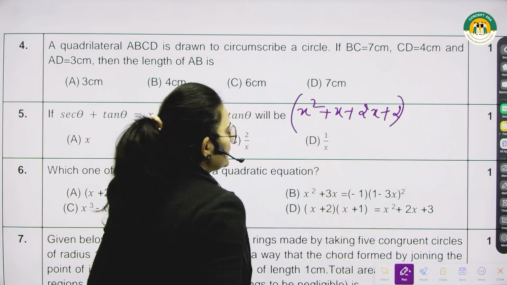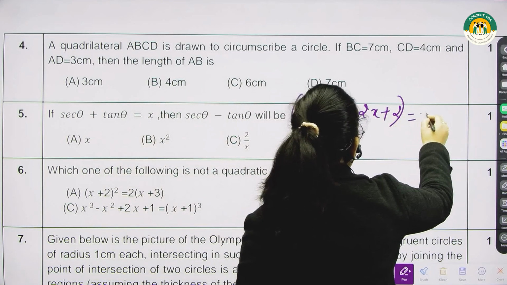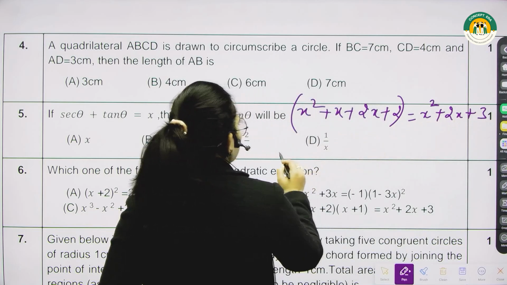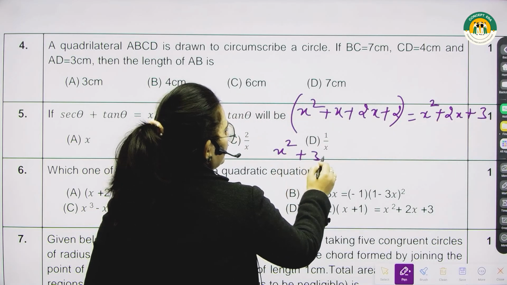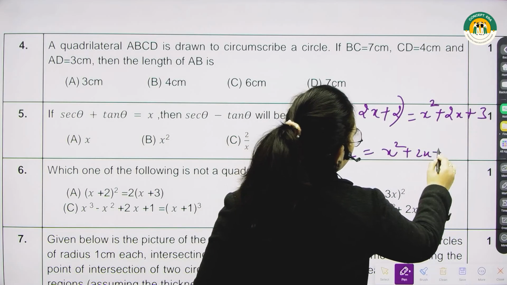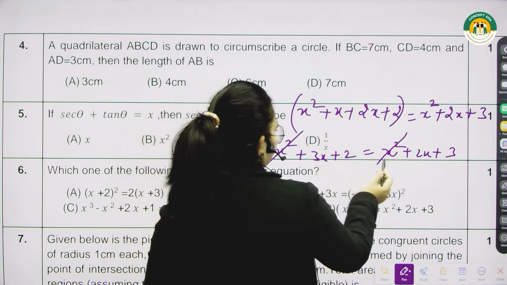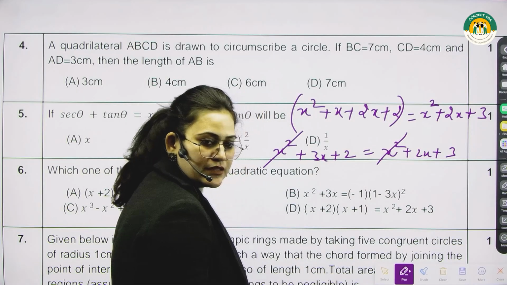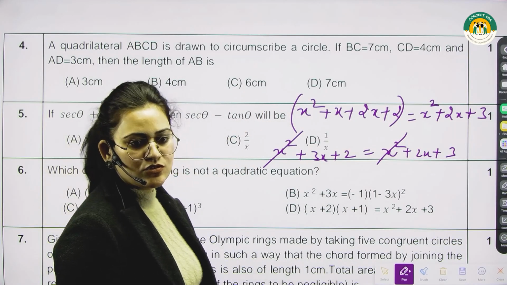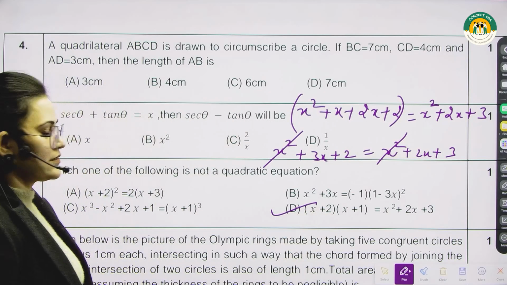This is your left hand side, and the right hand side is already solved, x square plus 2x plus 3. So here it is x square plus 3x plus 2 is equal to x square plus 2x plus 3. We'll cancel x square with x square. So the x raised to power 2 terms are both cancelled, so that means it's not a quadratic equation. So this is our answer.